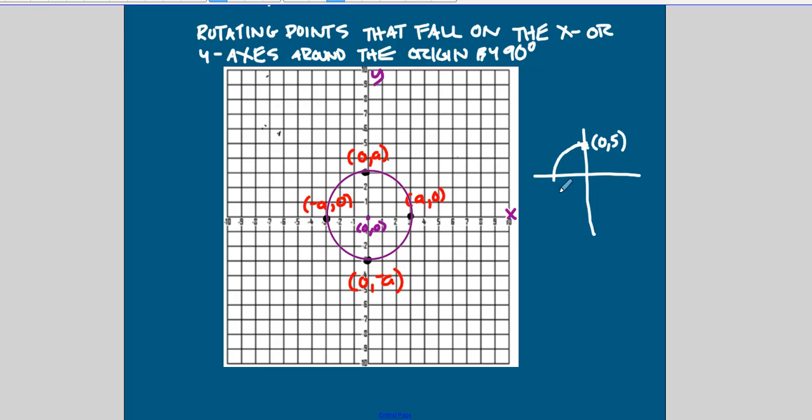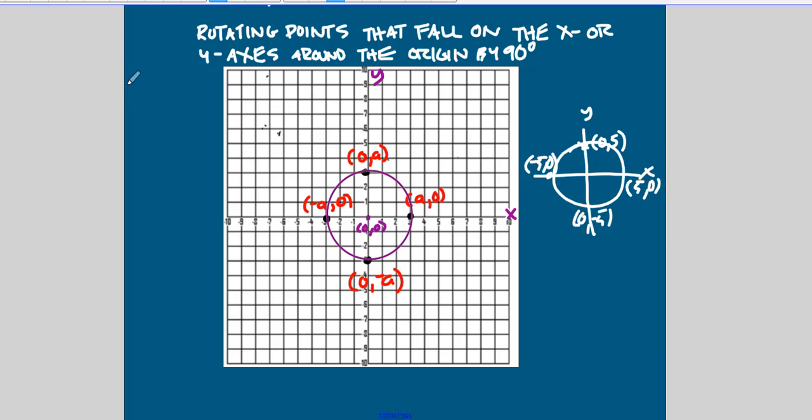Well, I think it's faster and easier just to draw a circle and figure out what the coordinates are going to be. So this is the x-axis, this is the y-axis, this is going to be negative 5, 0. This would be 0, negative 5. This would be 5, 0. So if they said you're at 0, 5, rotated 180 degrees, you just go, okay, that's half a turn, that puts me at 0, negative 5. 270 degrees would put me at 5, 0, etc.